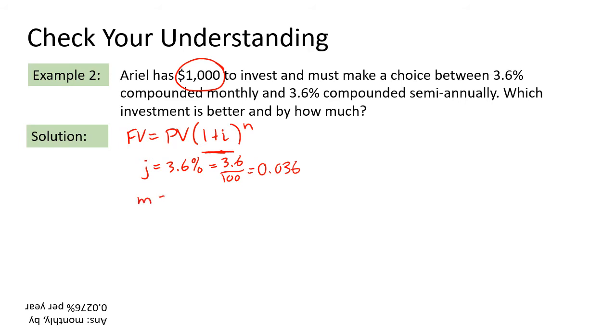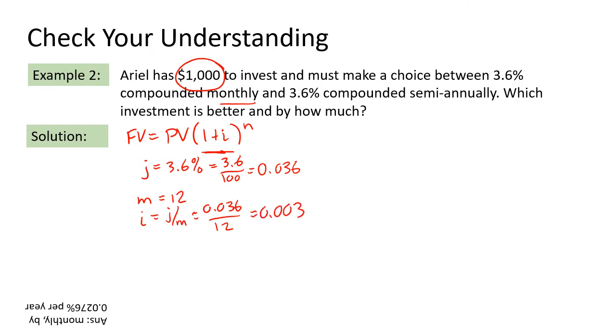M is equal to 12 because it's compounded monthly. So your periodic interest rate is J divided by M, or 0.036 divided by 12, and if you calculate that out, you get 0.003.